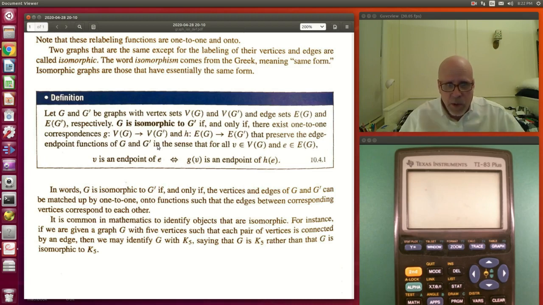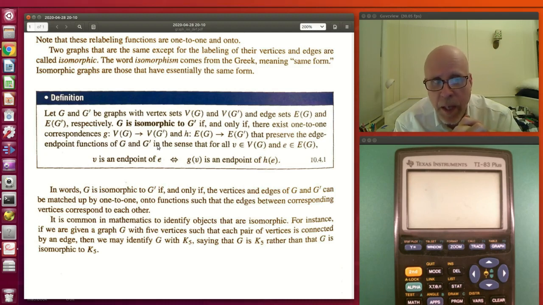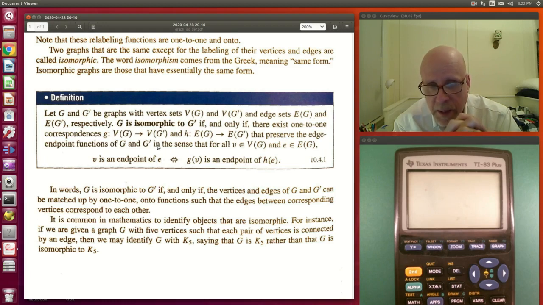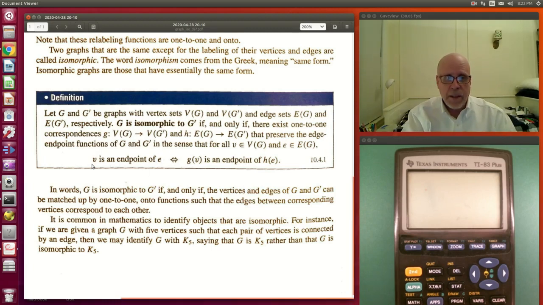If and only if there exist one-to-one correspondences, g from V of G to V of G prime, h from E of G to E of G prime, that preserve the edge endpoint functions of G and G prime, in the sense that for all v in the vertex set V of G and e in E of G, and this is the kicker, V is an endpoint of e if and only if g of v is an endpoint of h of e.